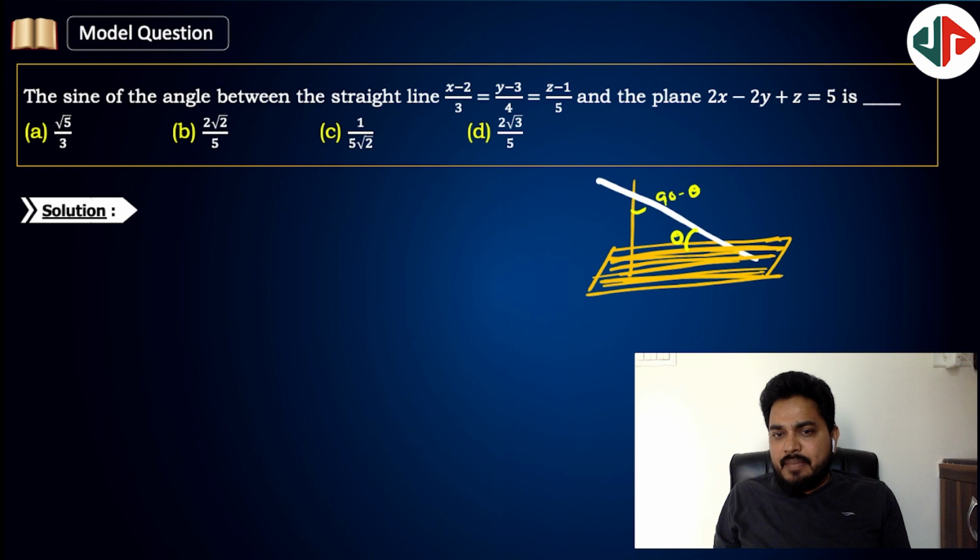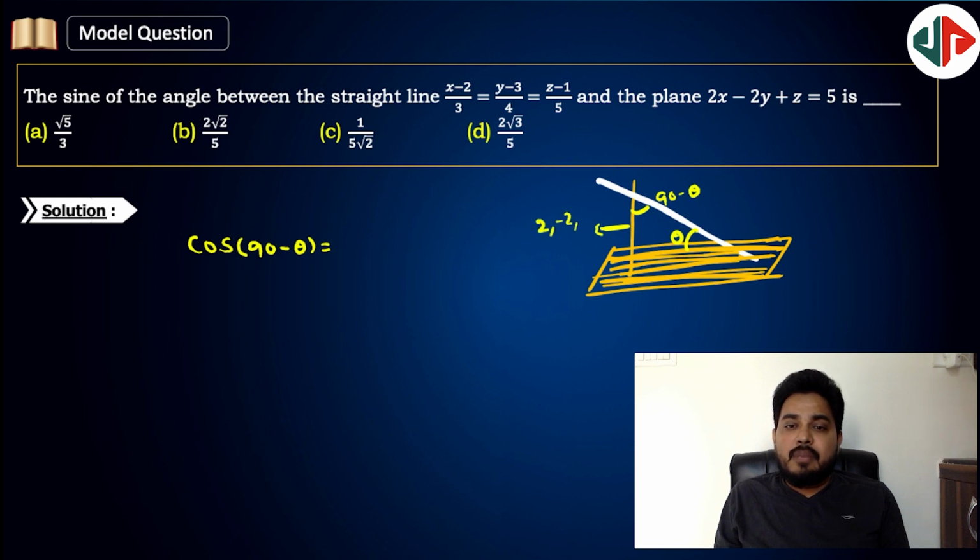So if 90 minus theta is the angle between these two, sin theta is equal to cos of 90 minus theta. That is the angle between the normal of the plane and the line. So the DRs of the normal here are 2, minus 2, 1, and the DRs of this line, everything in standard form, are 3, 4, 5.